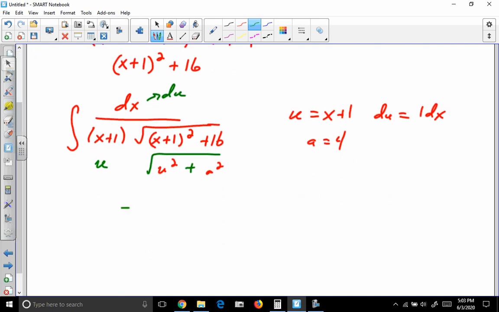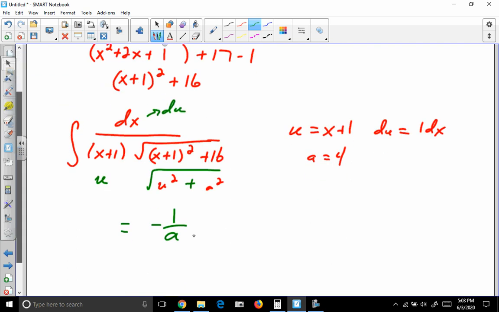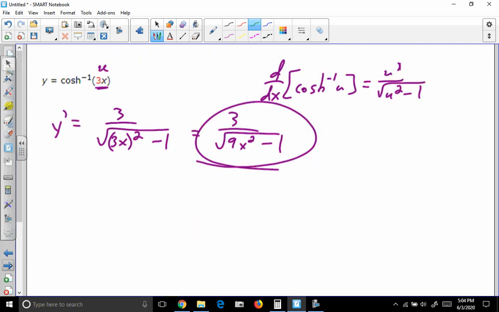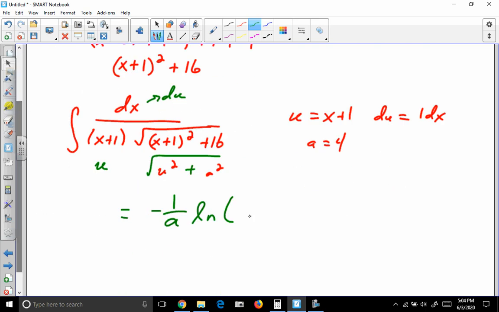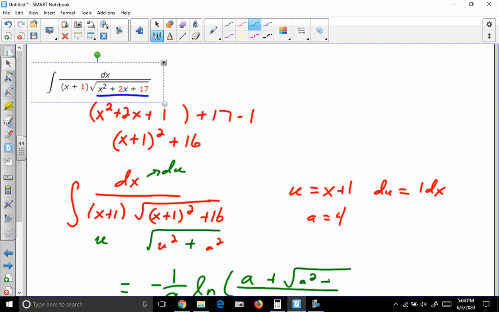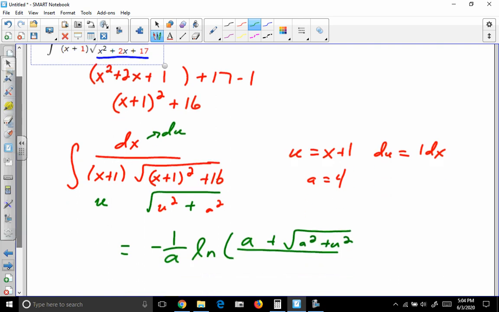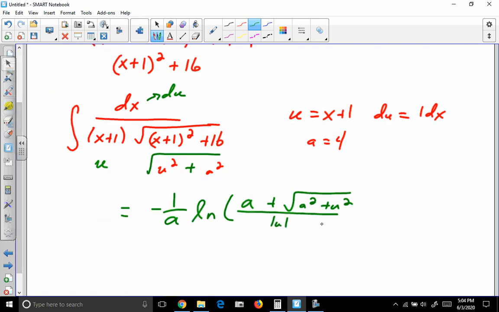So that gives us negative 1 over a, and we'll come back and fill in natural log of a fraction, where we have a plus, if that's a plus there, then we have a squared plus the square root of u squared, and then on bottom we have absolute value of u, all that plus c.